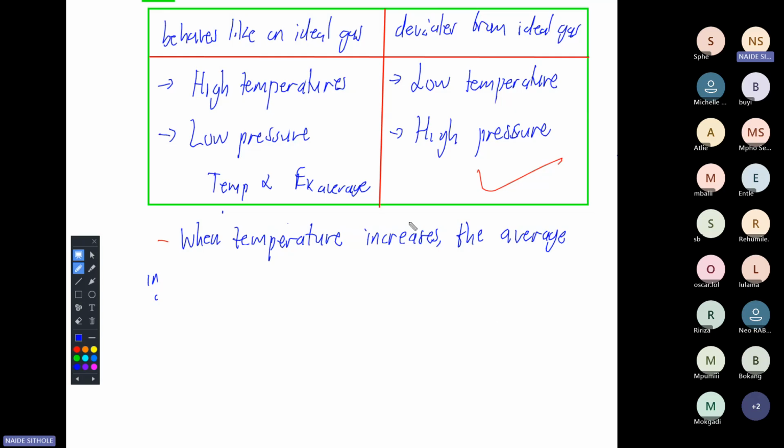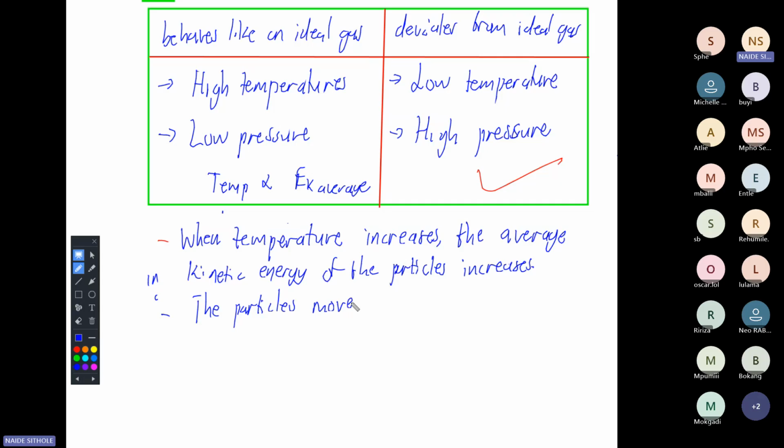So the average kinetic energy of the particles increases. And then the particles move faster.